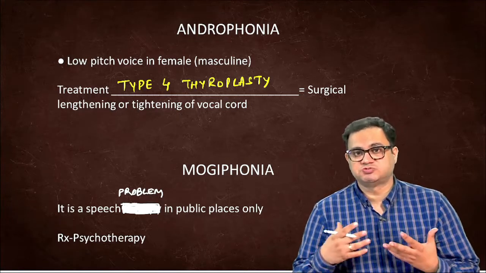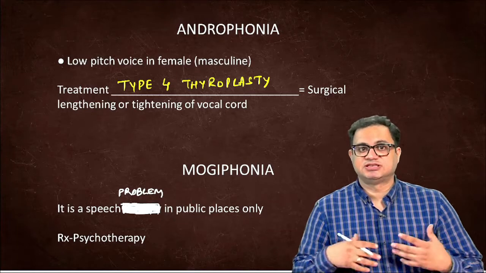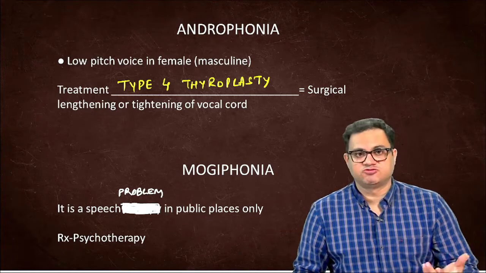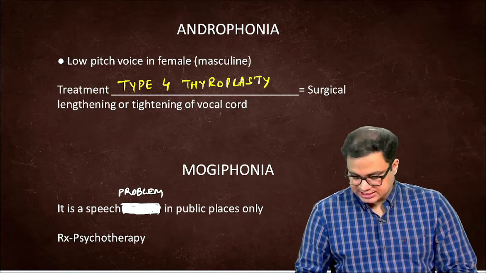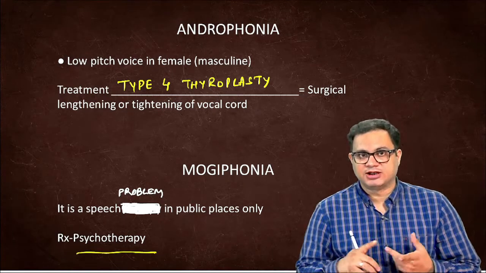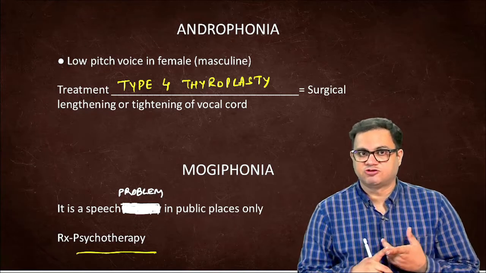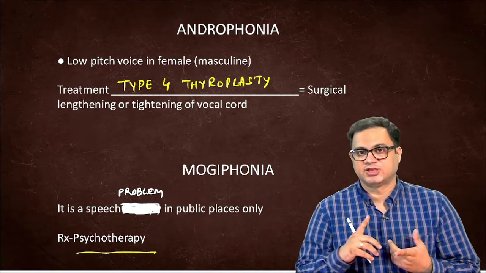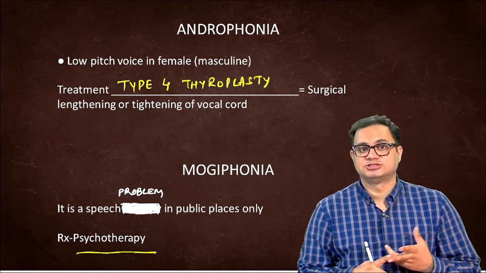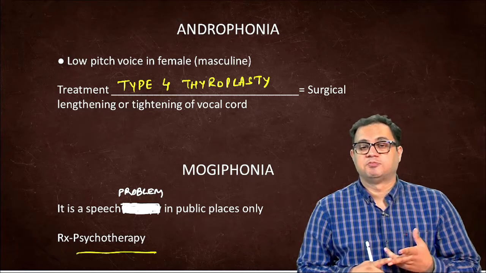So this speech problem in a public place is basically a psychological condition, and the patient needs psychotherapy. So remember androphonia and mogiphonia. Androphonia is a production of low pitch voice in females, that is a masculine voice in females, and mogiphonia is a psychological condition. It is a speech problem in public places.